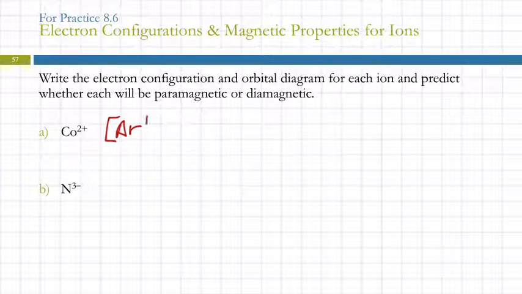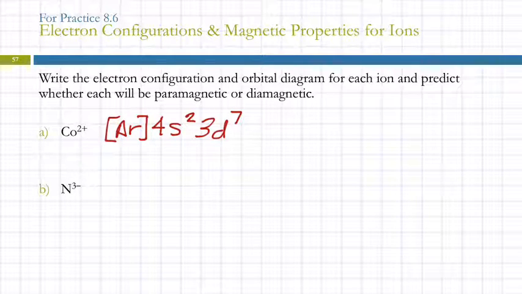So argon, and then let's fill out that electron configuration. After argon, we're at potassium. That's in the fourth period. So that's 4s2. And then we're filling in the 3d level. And cobalt is 7, right? 7 over. Can't I count?